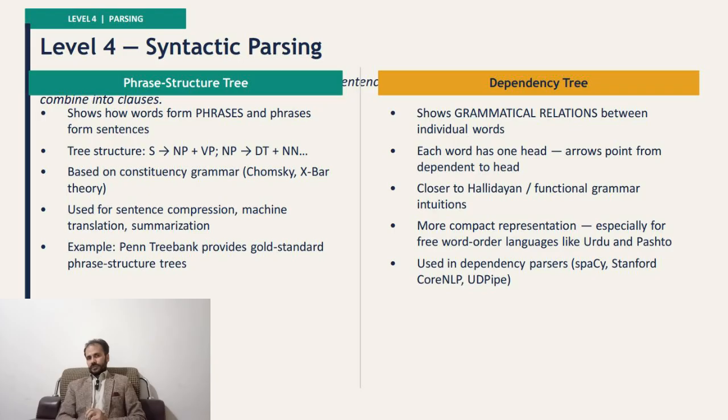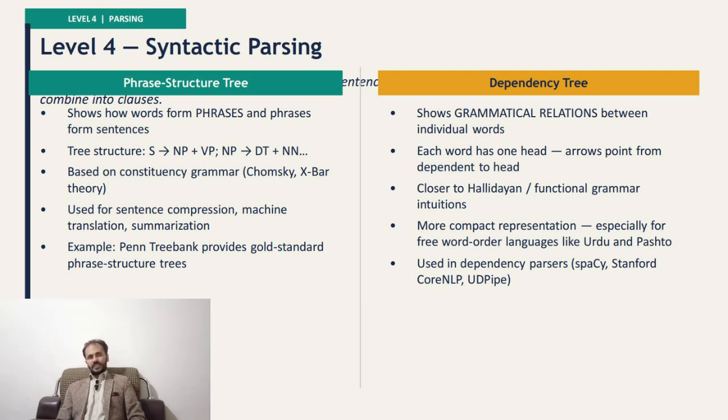Level 4, syntactic parsing. Parsing assigns hierarchical syntactic structures to sentences, typically in the form of phrase structure trees or dependency graphs. A phrase structure tree shows how words group into phrases, a noun phrase, a verb phrase, or a prepositional phrase, and how these phrases combine to form a sentence.